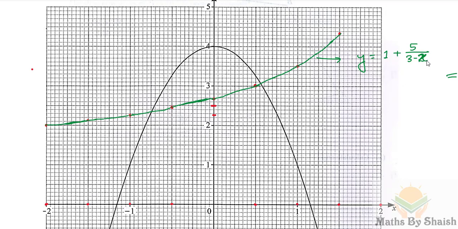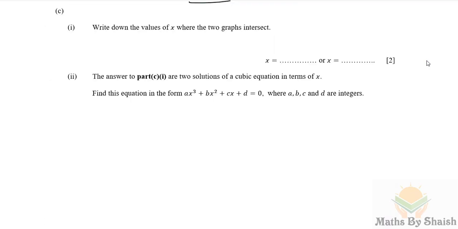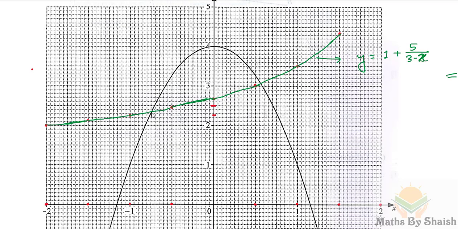Let's discuss the next question now. C part: write down the values of x where the two graphs intersect. So we are going to find the solution, or we can say the x values corresponding to the points of intersection. We can again do this from the graph. First, this point, and we can get the corresponding x value from the point of intersection. We come down to get the x value: 0.5, 0.6, 0.7 and 0.8.